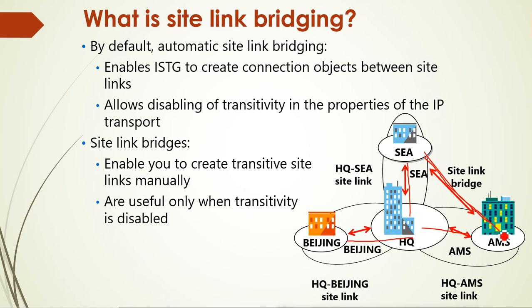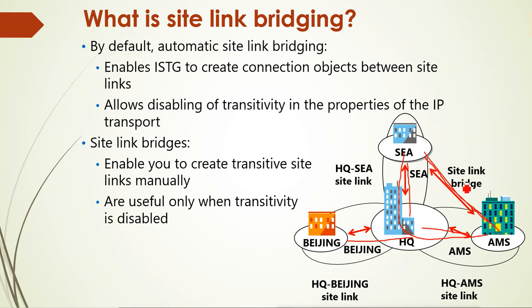Otherwise they will go from the headquarter to the branch office. So the site link bridge will enable the transitivity if it is disabled. By default it is disabled because the ISTG creates connections automatically and does not allow the transport for this transitivity.